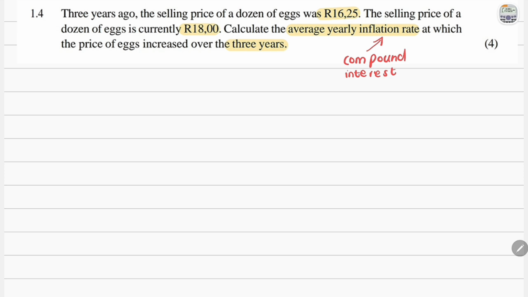Okay, so for example, if bread costs 20 Rand today, and it's going to increase by 15%, then it's going to be about 23 Rand. Then the next year, they're not just going to say, okay, we can see that it increased by 3 Rand, so we're just going to add another 3 Rand.